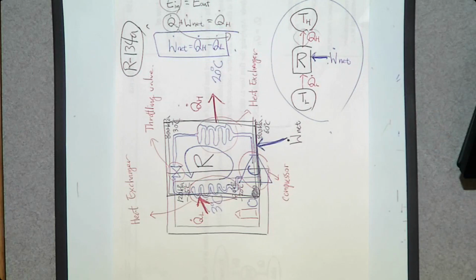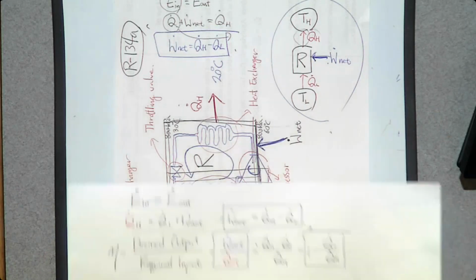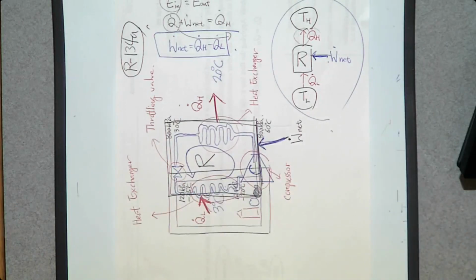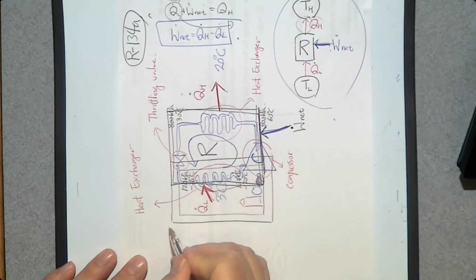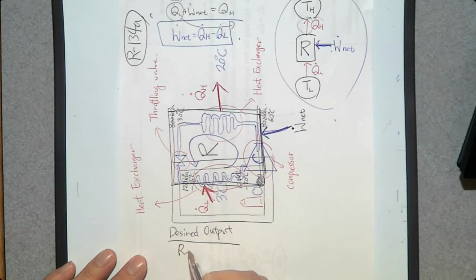Then how can we determine the performance of the system? We use efficiency, desired output over required input.